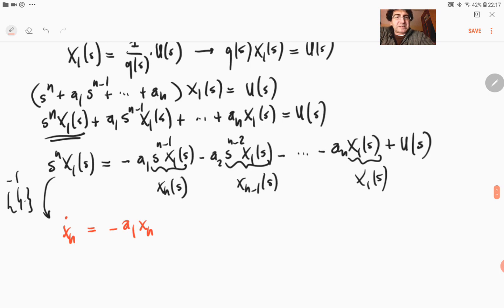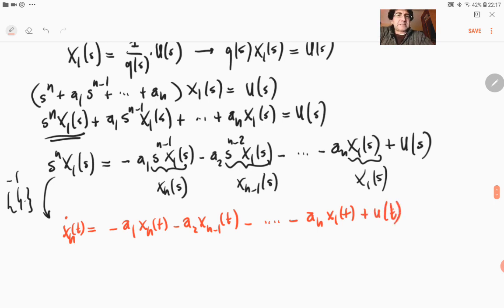Now everything is a function of t. Xn of t minus a2 xn minus 1 of t, minus up to minus an x1 of t plus u of t.